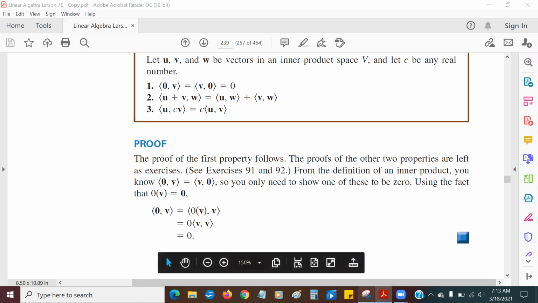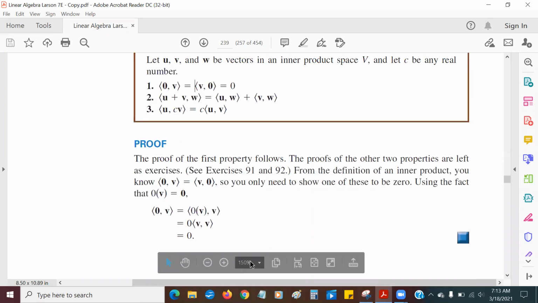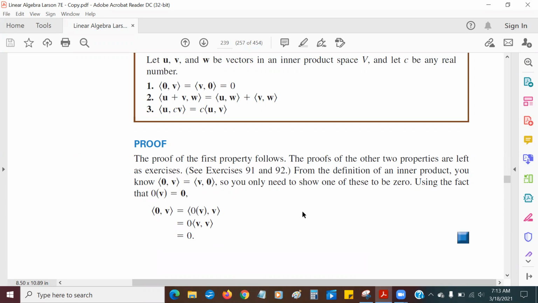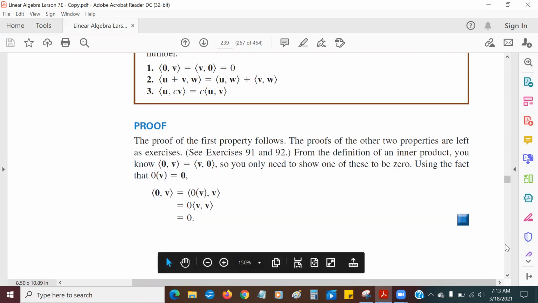That was just number 3 in the definitions. And now I have 0 times v comma v. Whatever v comma v is, it's getting multiplied by 0, and my final result is 0. So we see that 0 comma v is equal to 0, and that's a very slick and very awesome proof. It was something that looked kind of obvious, but it really was less obvious than it appeared to be. We actually had to go through a bit of work to prove that.